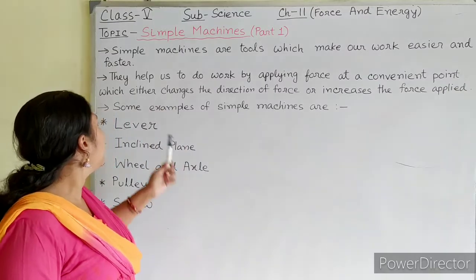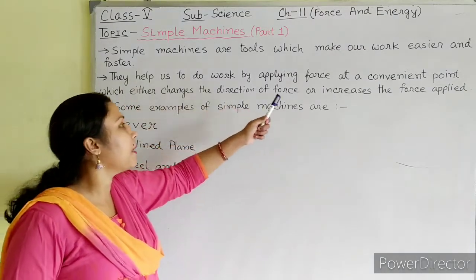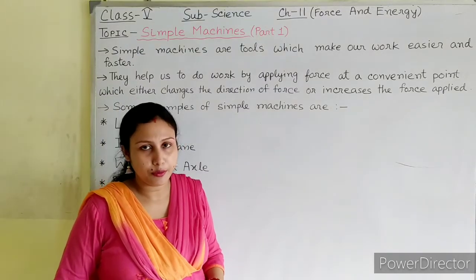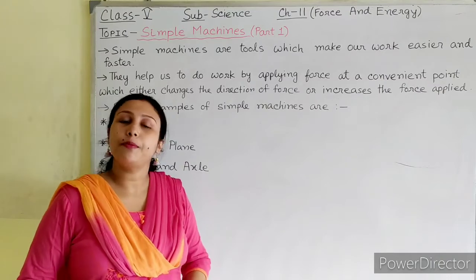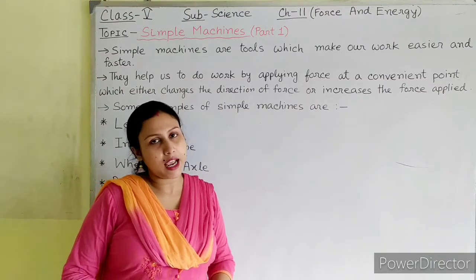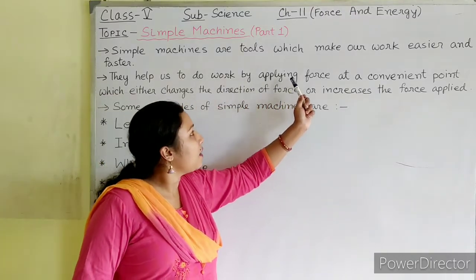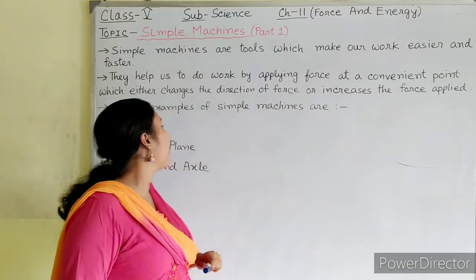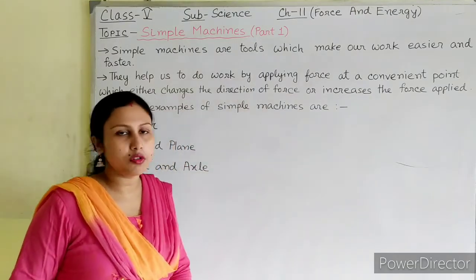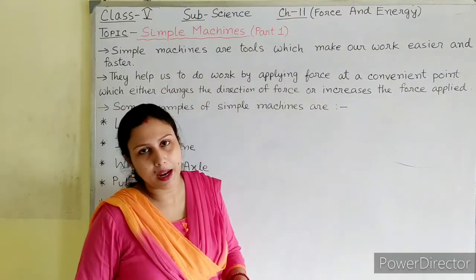So, I repeat, simple machines help us to do work by applying force at a convenient point. Students, in our previous video, we have learned about force and its types.